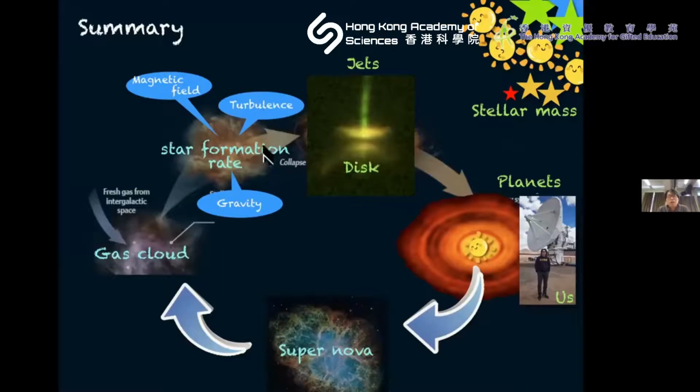But how they are going to collaborate with each other to form disks, give jets, and how they control the mass of newborn baby stars, and how this can give us a planet from the disk are still big questions.